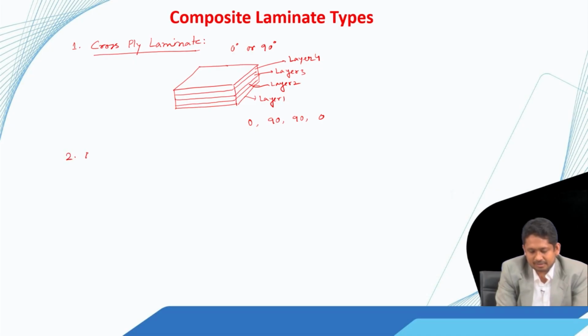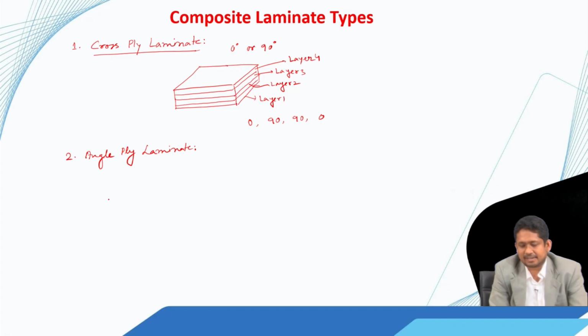Then there are angle ply laminate. In an angle ply laminate, none of the plies have 0 or 90 degree orientation.